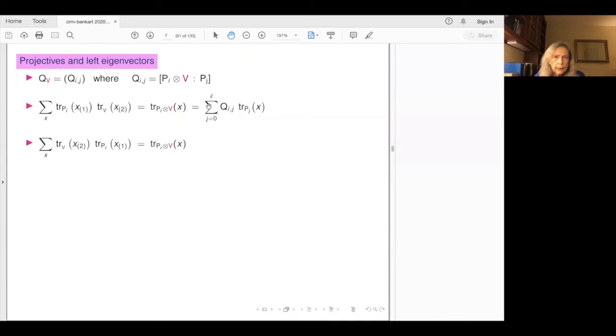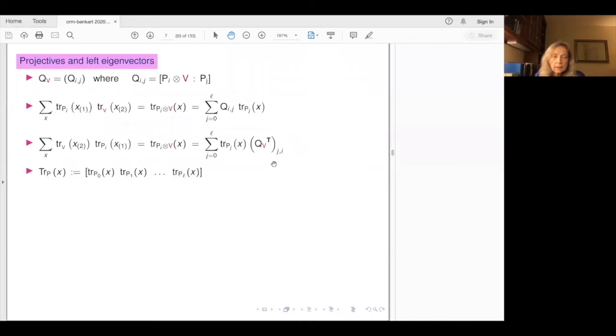And I'm going to rewrite it a little bit. I'm going to just interchange these two scalars on the left side, which I did before. And on the right side, I'm going to replace the ij entry of the matrix Q by the ji entry of the transpose. Okay. I haven't changed anything.